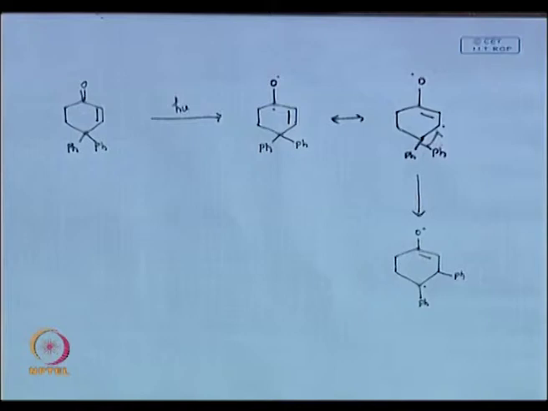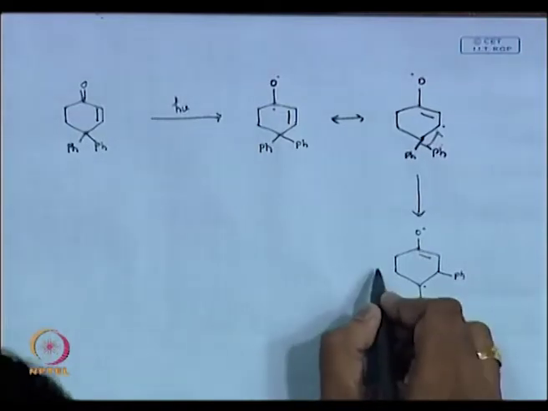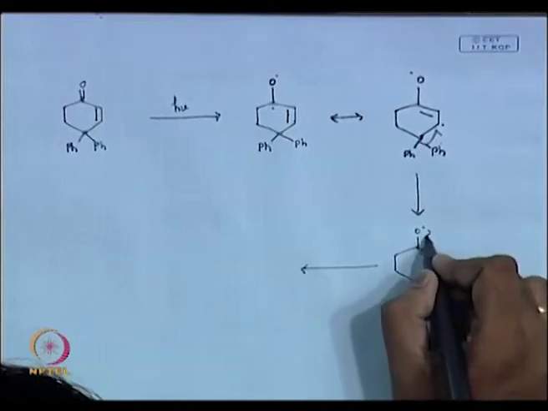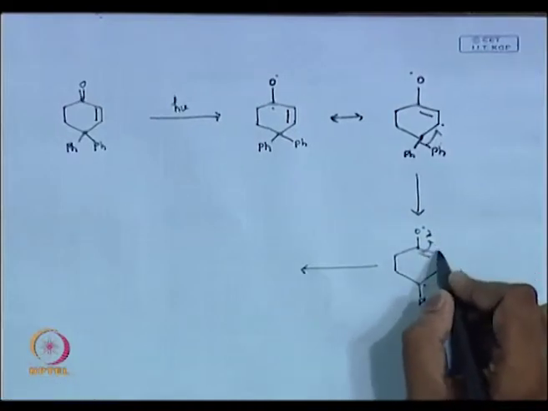I get a radical here. Then I can just make this ketone and add this up, right?